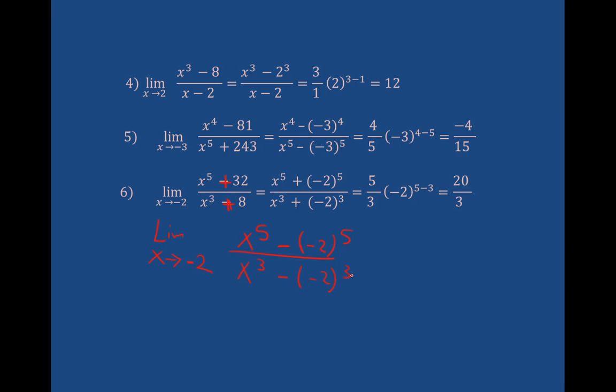Negative 2 power 3 equals negative 8, which becomes a positive 8. Then the limit equals 5 over 3 multiplied by negative 2 raised to power 5 minus 3. Then the limit equals 20 over 3. This is a true answer.